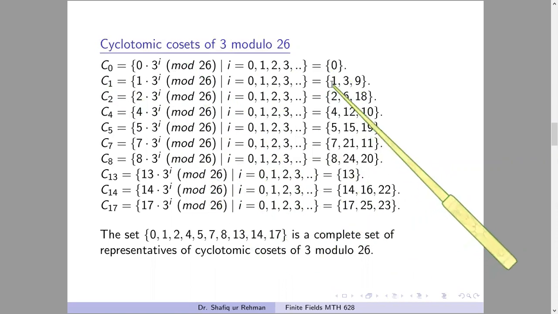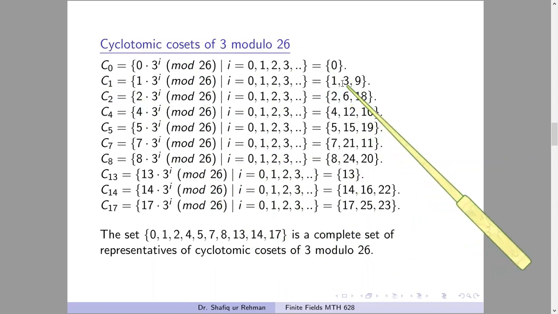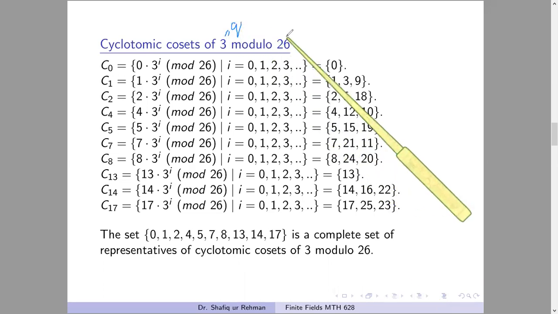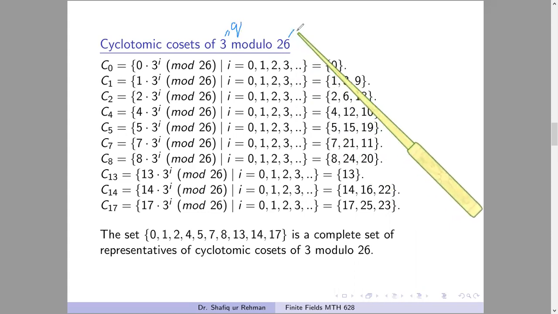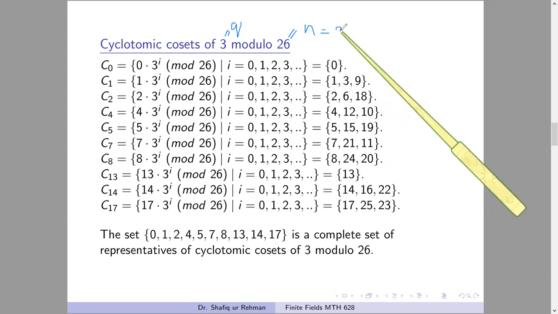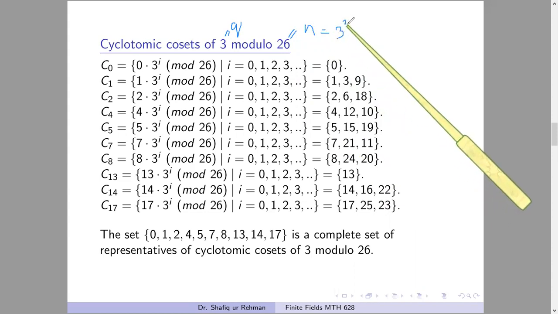C1 we will start from 1, then multiply by 3, because q equals 3 in this case. Here this is our q and this is our n, that is, 3 power 3 minus 1.